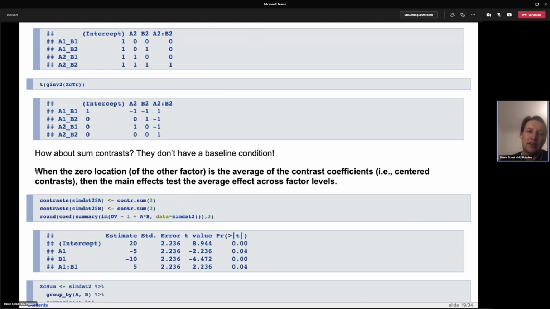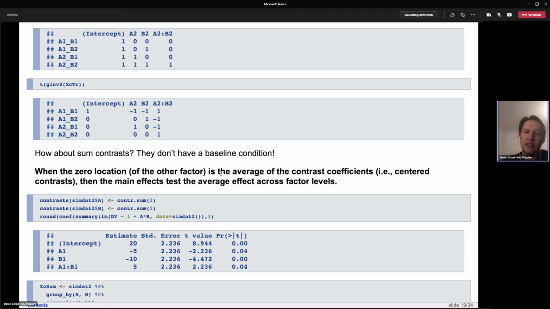And then we can state this general thing: when the 0 location of the other factor is the average of the contrast coefficients, so if you have a centered contrast, then the main effects test the average effect across factor levels. I can read that again. How the other factor is coded determines how you can interpret the one factor.